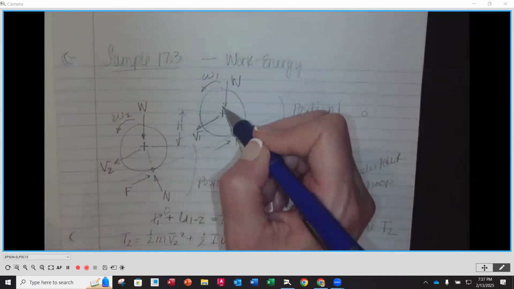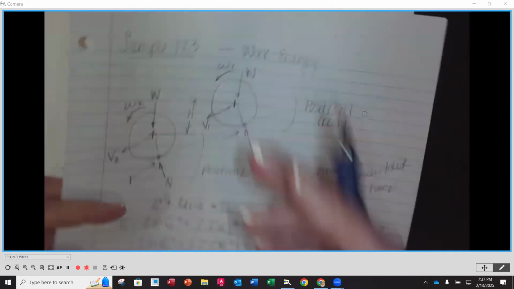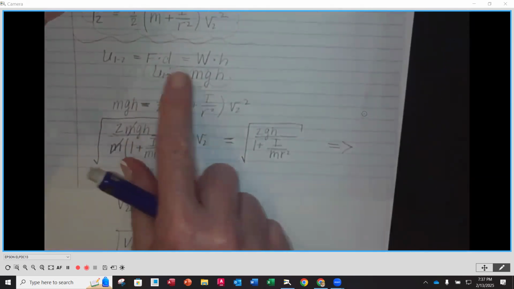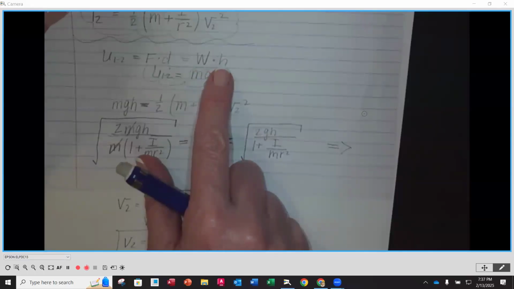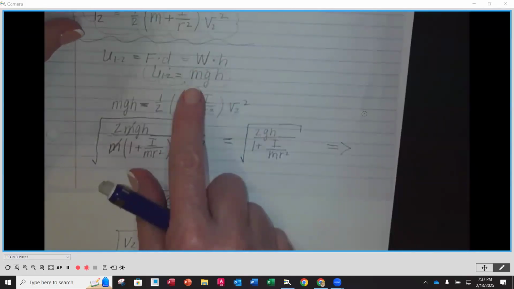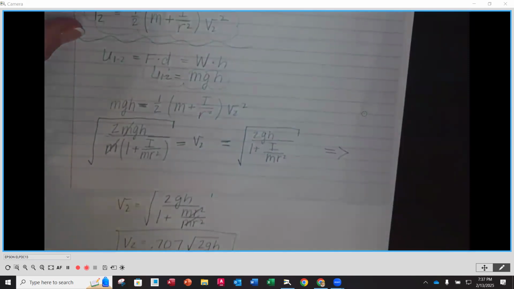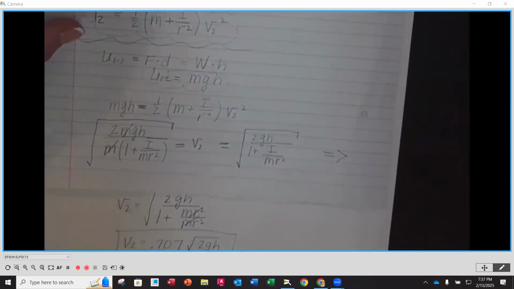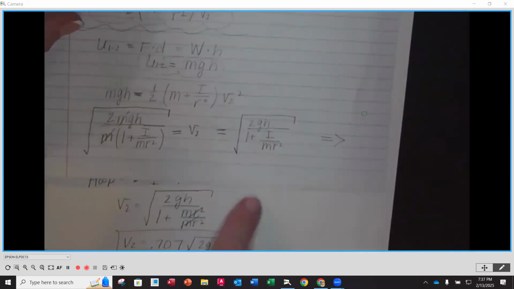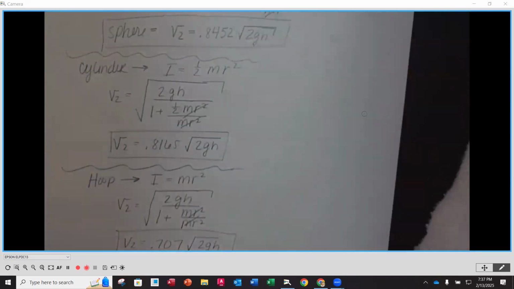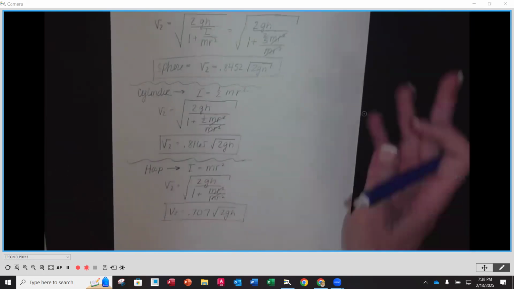So that's our force times our distance. So in the work, we're going to have our weight times our height as the distance, and then expanding that out, it's equal to mgh, which is potential gravitational energy. So truly you could do it either way, and you'll end up with the very same thing. And then you get here, and you can do the rest. So I just wanted to show you that sometimes there can be more than one approach that is going to work.